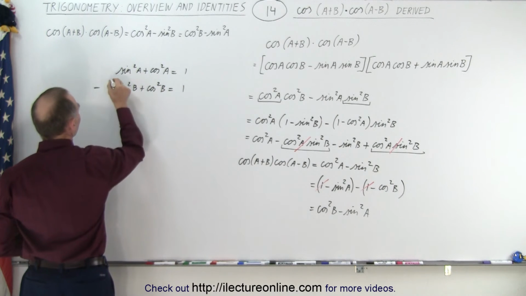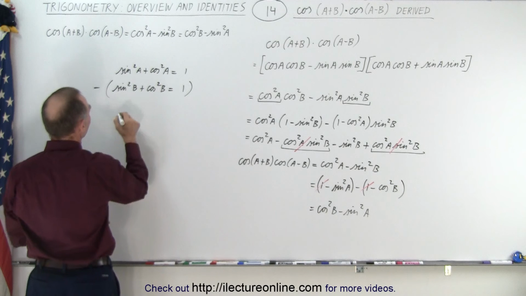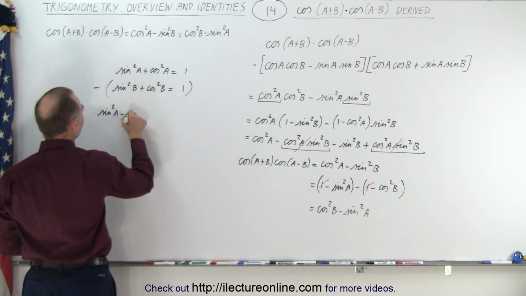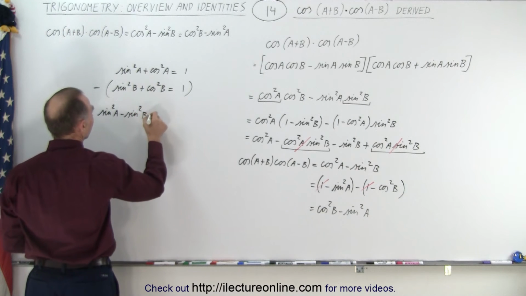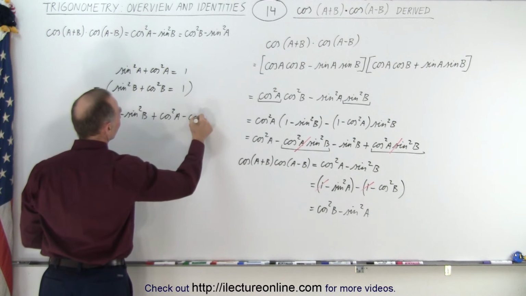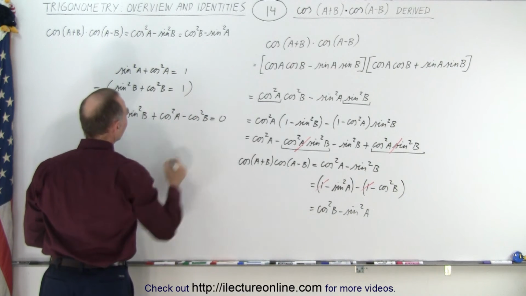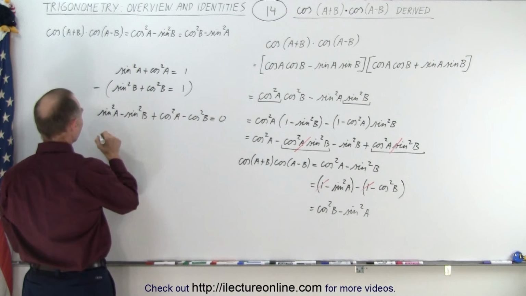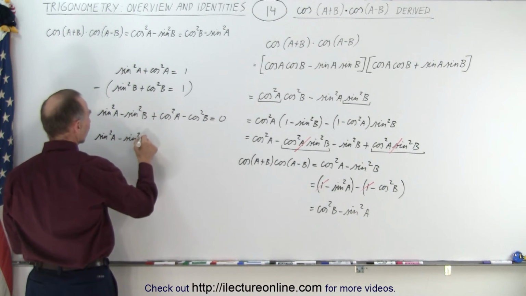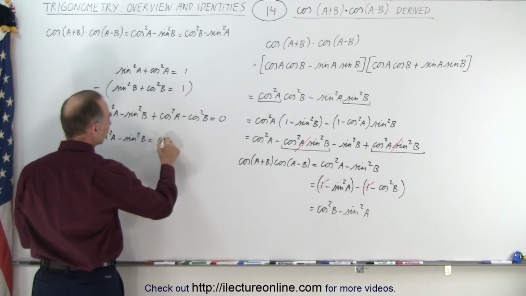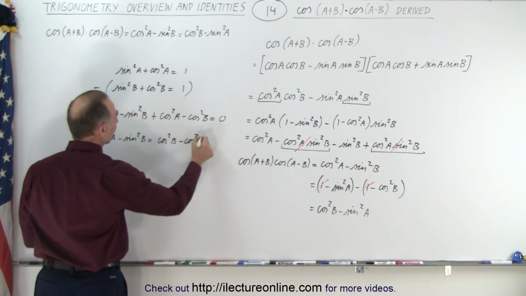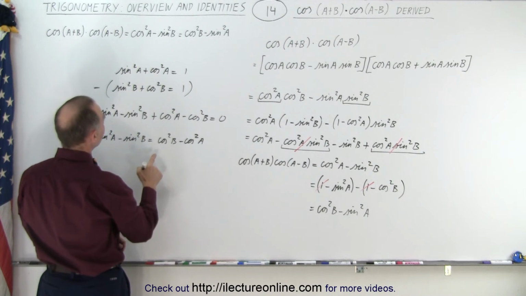Now if we subtract one from the other, we have the sine square of A minus the sine square of B plus the cosine square of A minus the cosine square of B is equal to 0. Then we move that around, so we now say that the sine square of A minus the sine square of B is equal to the cosine square of B minus the cosine square of A. No, that's not how you do it.